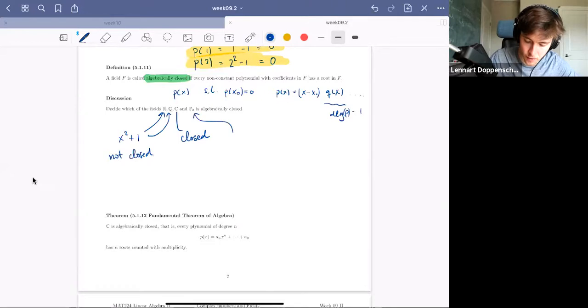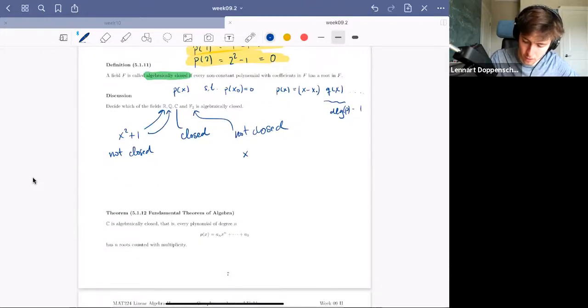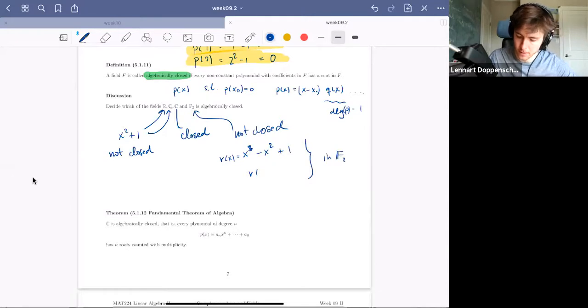And actually F2 is not closed either. I think the polynomial I mentioned above, x cubed minus x squared plus 1, works. If we consider this polynomial p in F2, then p of 0: the x cubed and x squared terms are 0, so just the constant survives.